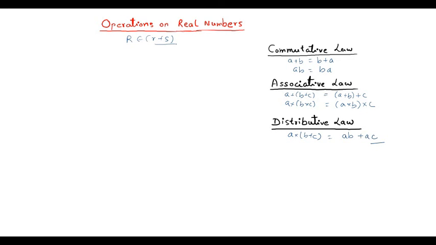Now, if we add, subtract, multiply, or divide, except by zero, two rational numbers, we still get a rational number.